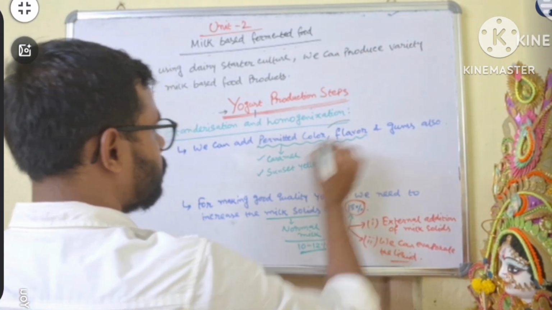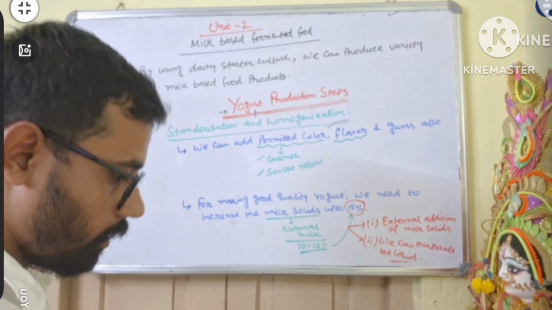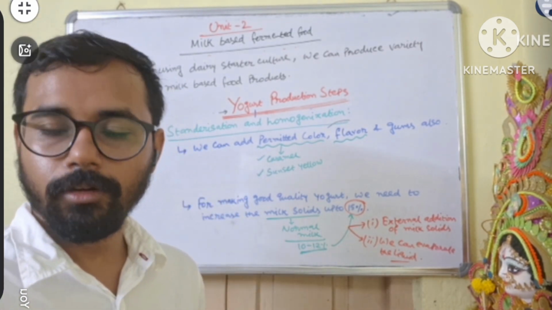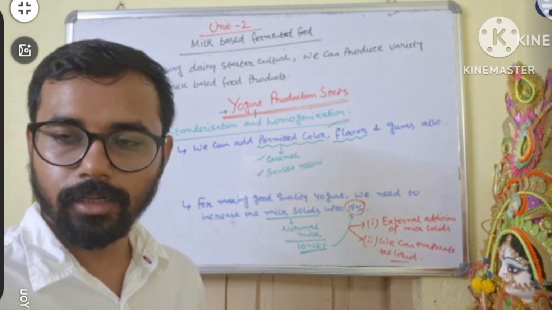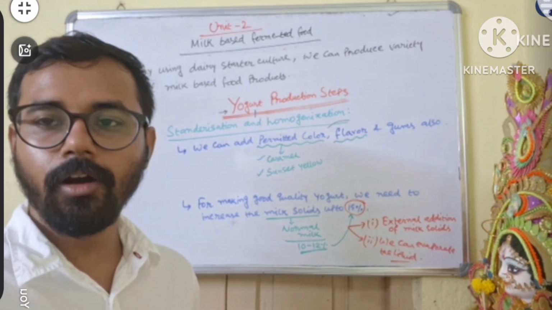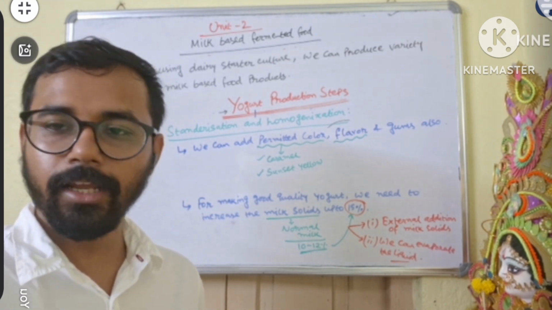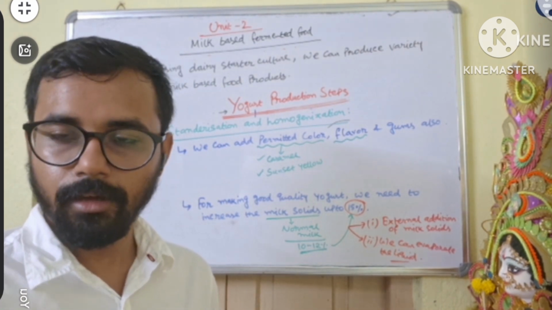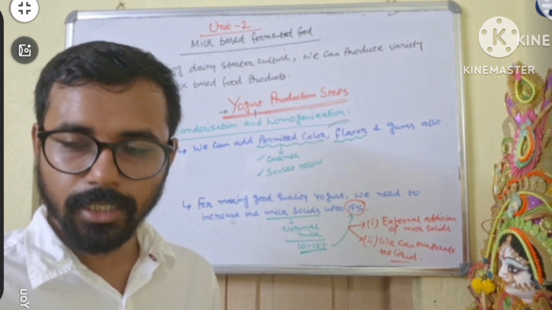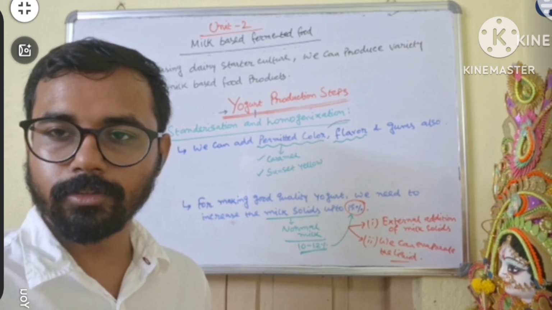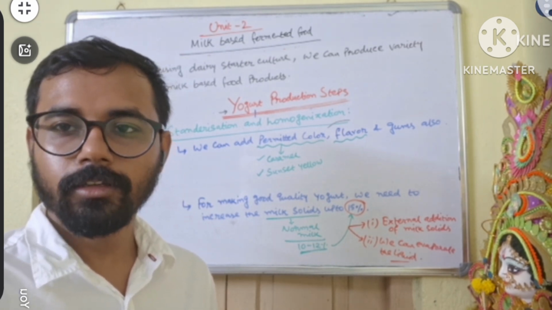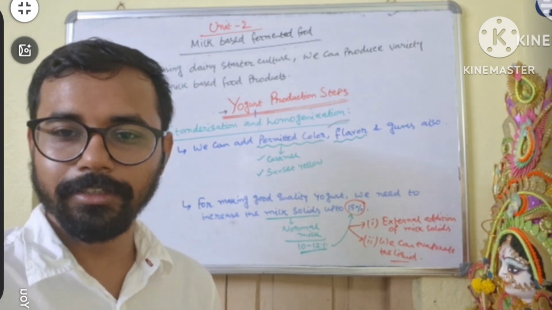We can add flavor because nowadays in the supermarket we are getting flavorful yogurt: strawberry yogurt, mango yogurt, apricot yogurt, blueberry yogurt. Different varieties of flavors come. So how is the flavor produced? We are not using raw fruit materials. In mango curd, do you think mango is there?